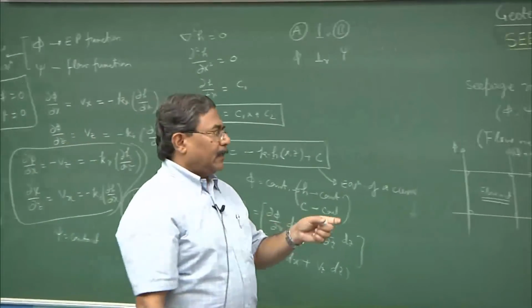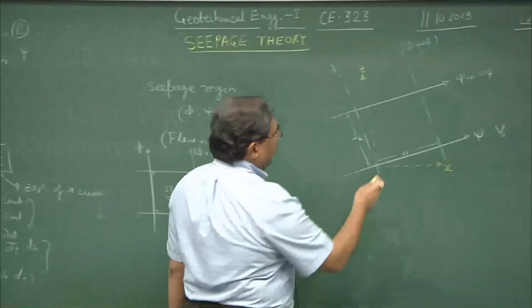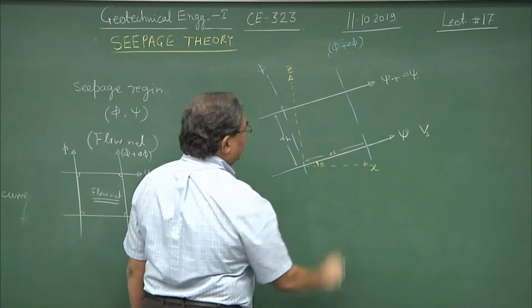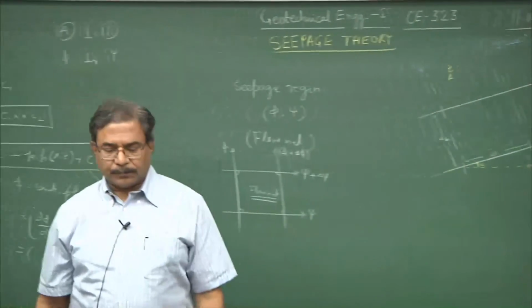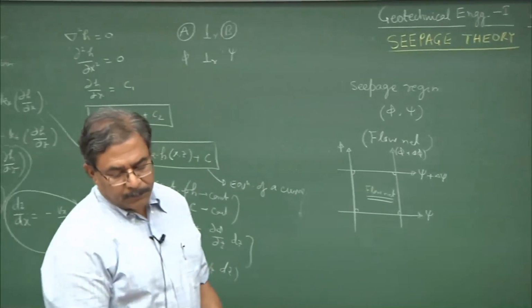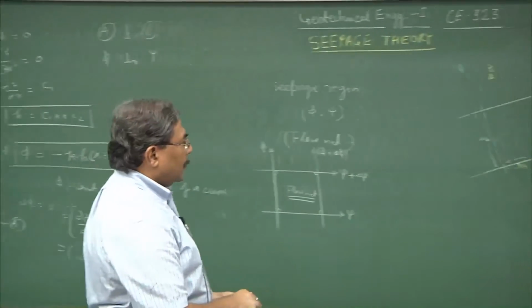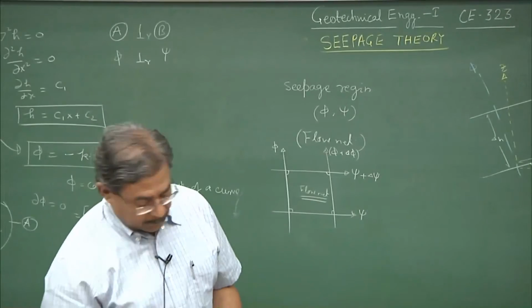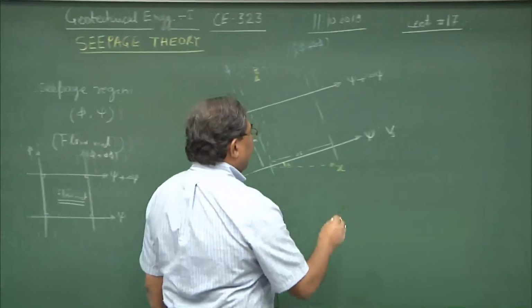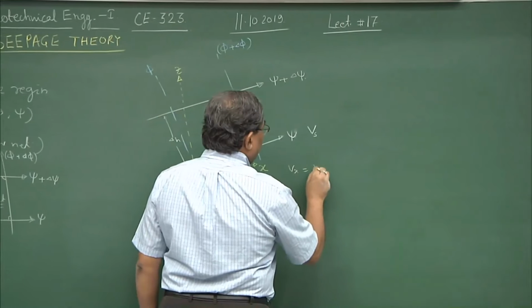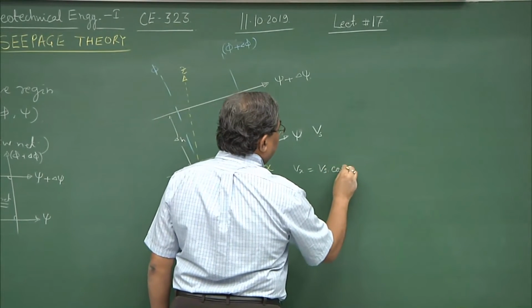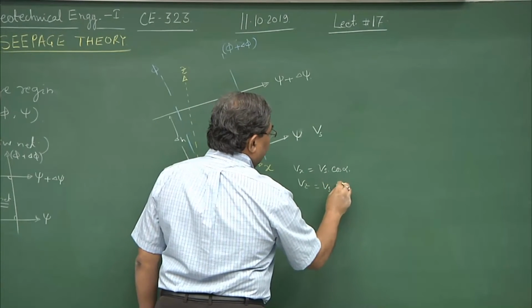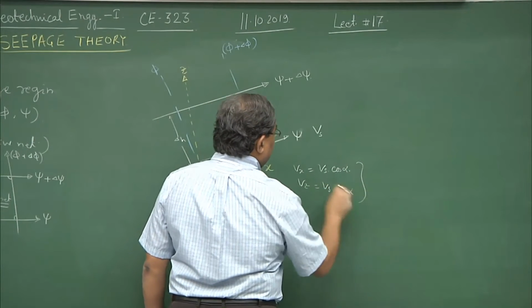So, I am just rotating the axes from s n to x z with this as alpha. Fine. I can define V x as V s cos alpha and V z as V s sin alpha.